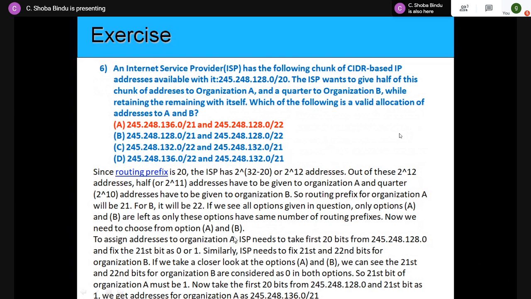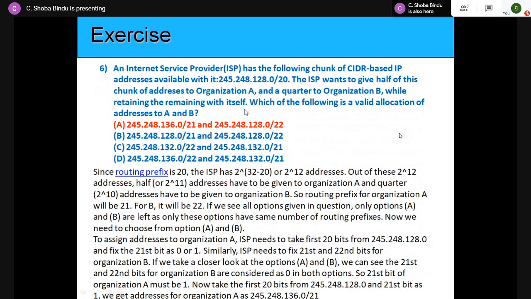When you take that for this organization, if you allocate from 128.0 onwards to organization A, then it requires 2 to the power of 11 nodes.